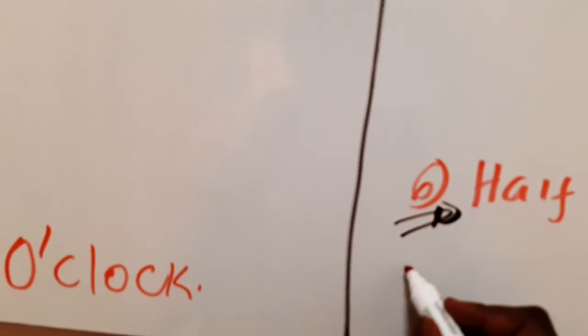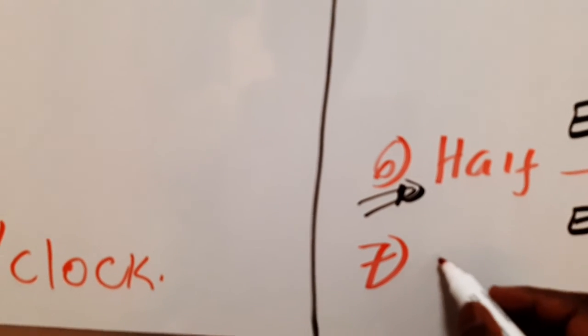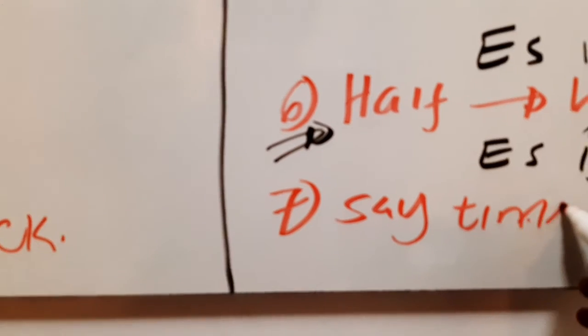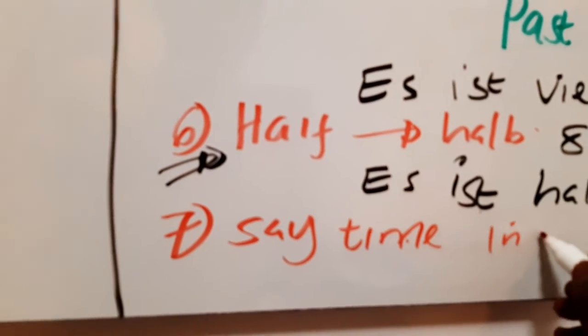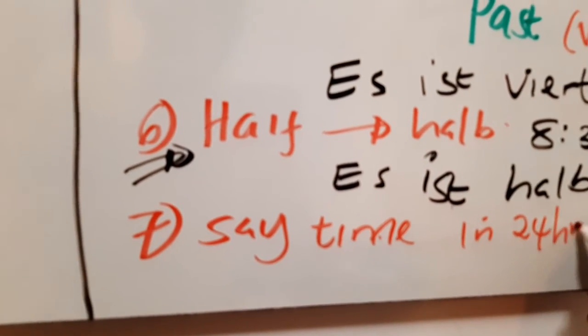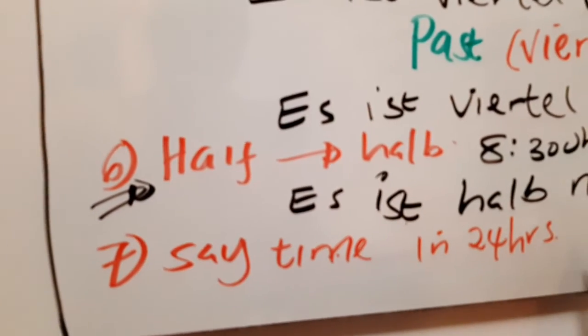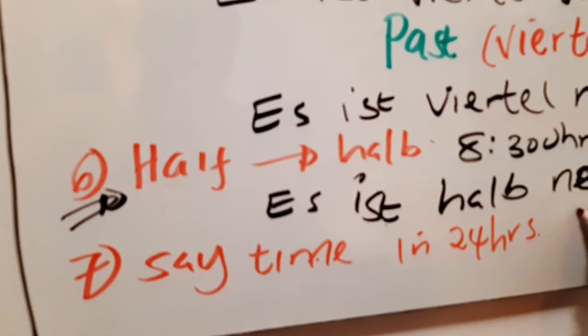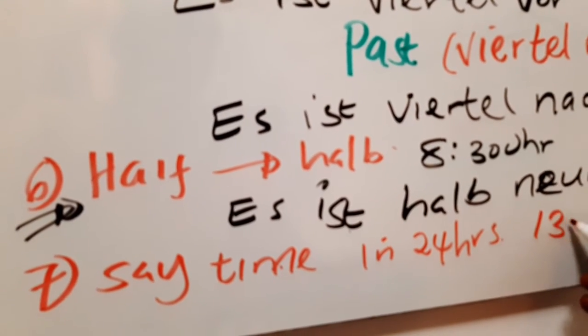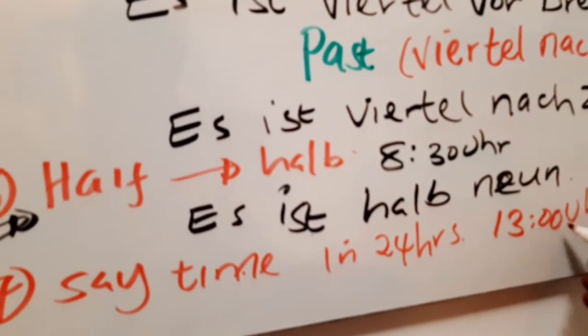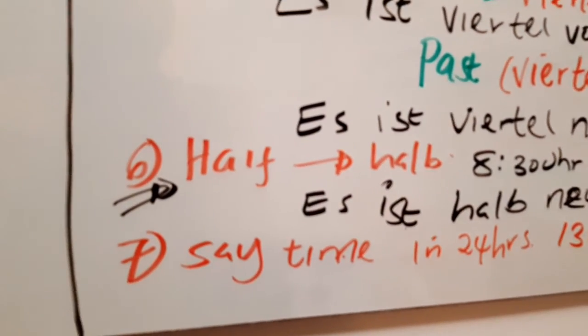Lastly, if you want to say time in 24 hours. This is what is mostly used in German. So if you want to say, let's say 13 Uhr, so that is 13 o'clock, for example.